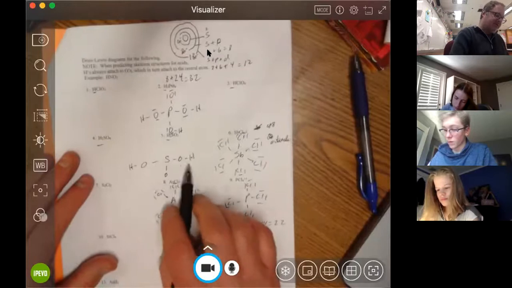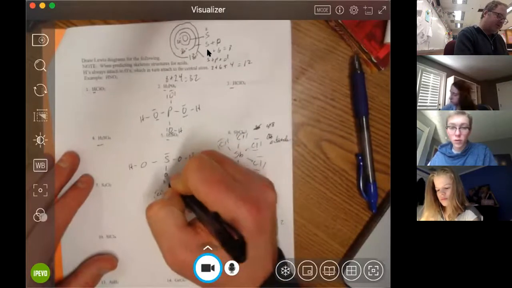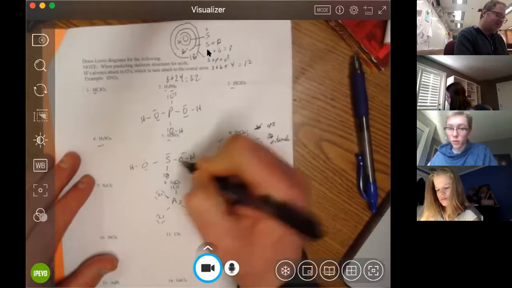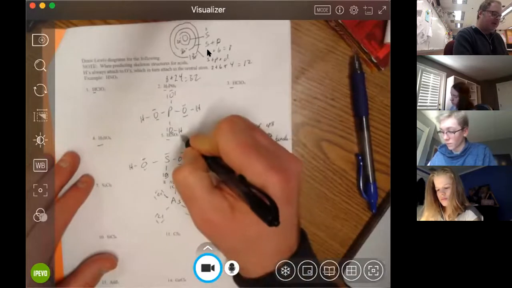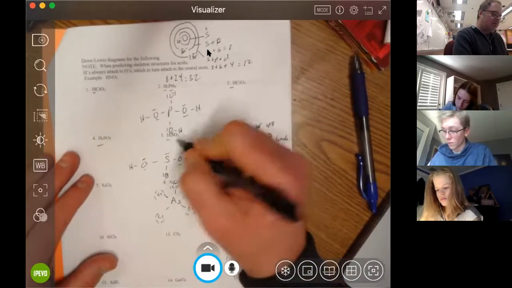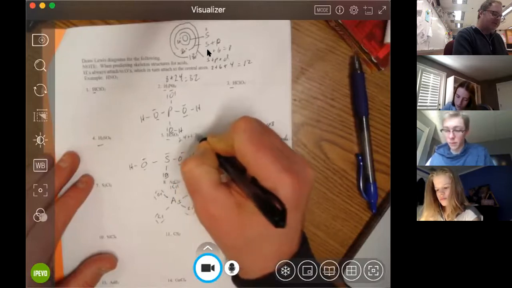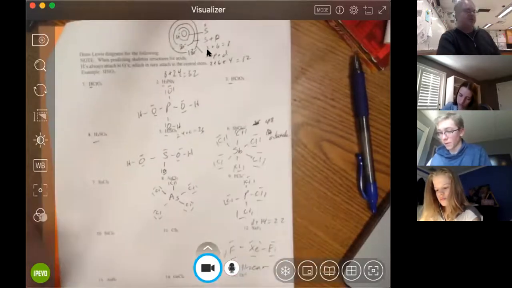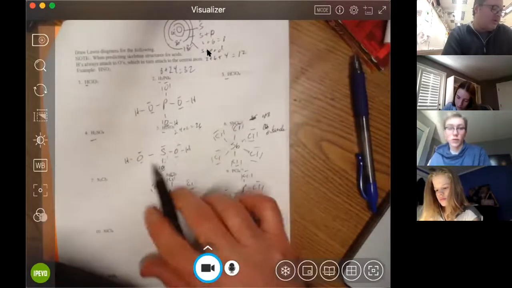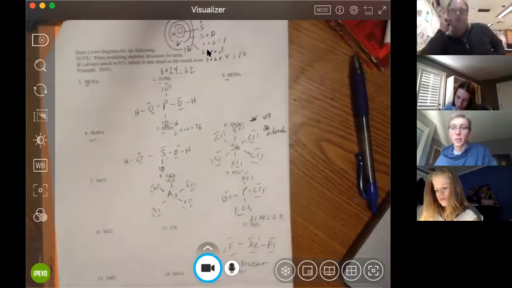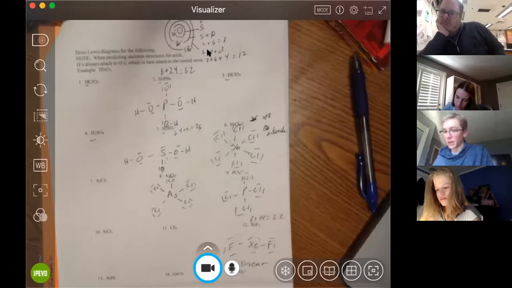2, 4, 6, 8, 10, 12, 14, 16, 18, 20, 22, 24, 26. 4 times 6 is 24, plus 2 is 26. What's the shape of this one if we look at the S? Trigonal pyramidal.